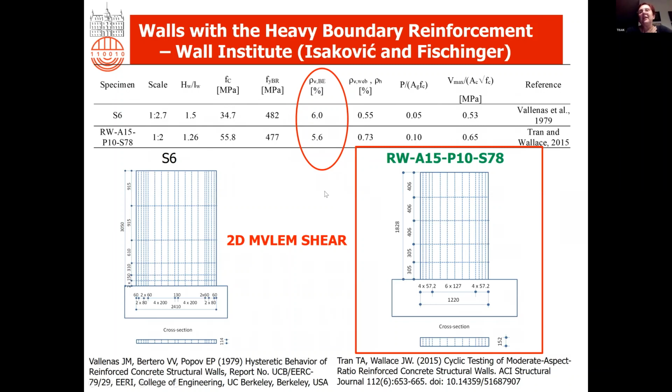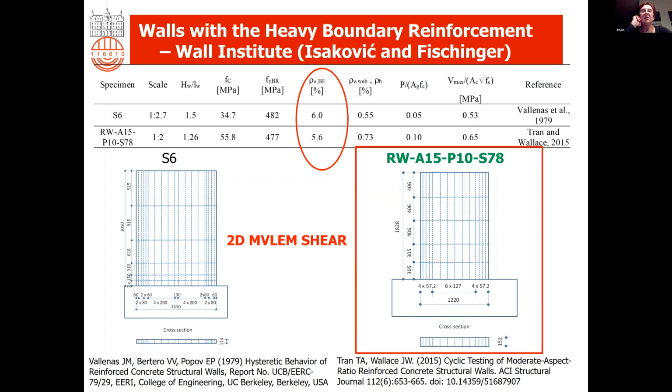Well, these are interesting examples. We participated in the Wall Institute, which was organized to research different aspects of the seismic response of reinforced concrete walls.